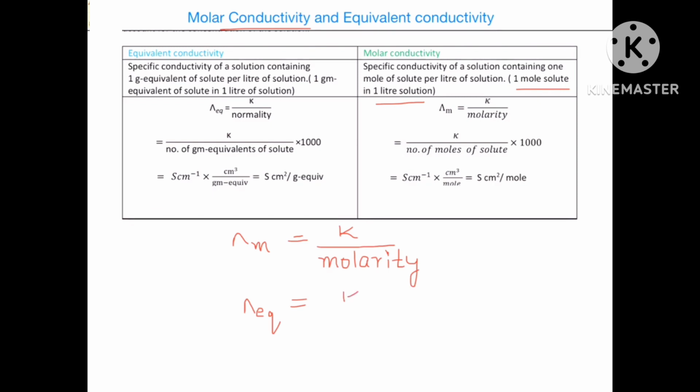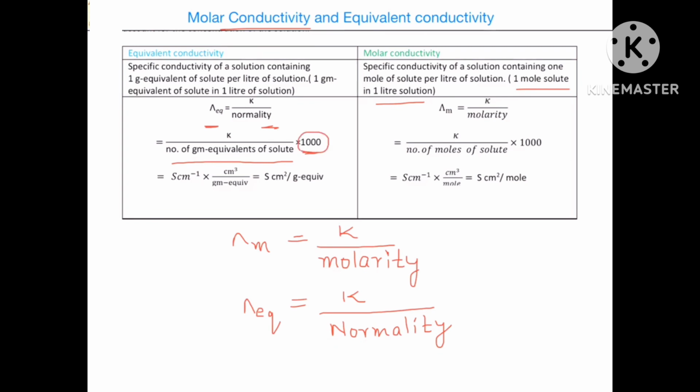But equivalent conductivity is kappa, that is conductivity of a solution containing a gram equivalent of the solute per liter of the solution. That means normality, per normal solution. Here you will find the two expressions. Equivalent conductivity is kappa divided by normality. What is normality? Number of gram equivalents of solute per liter of the solution.